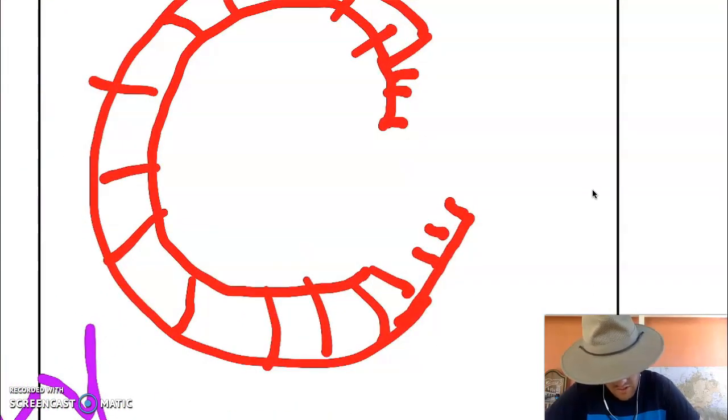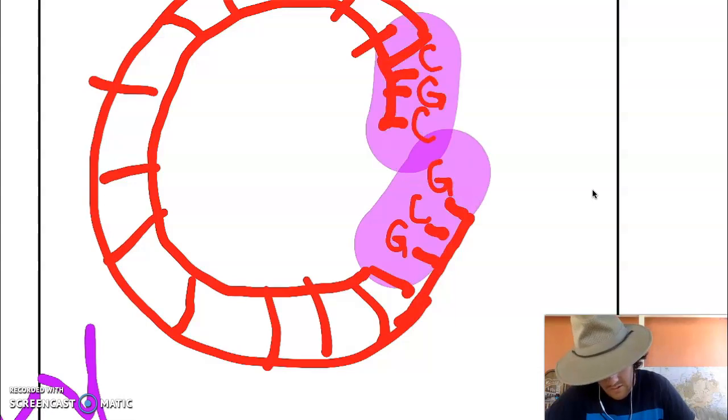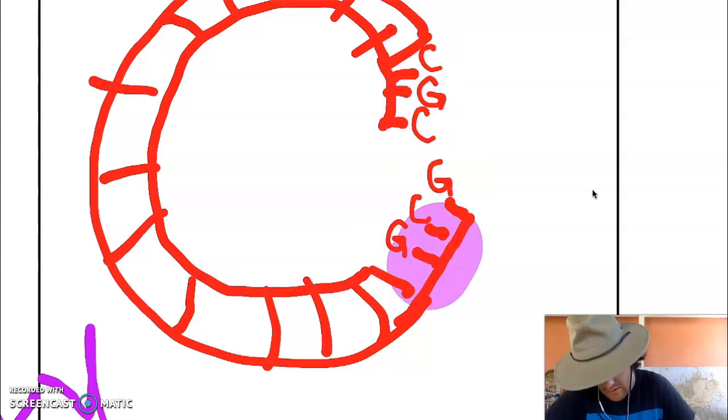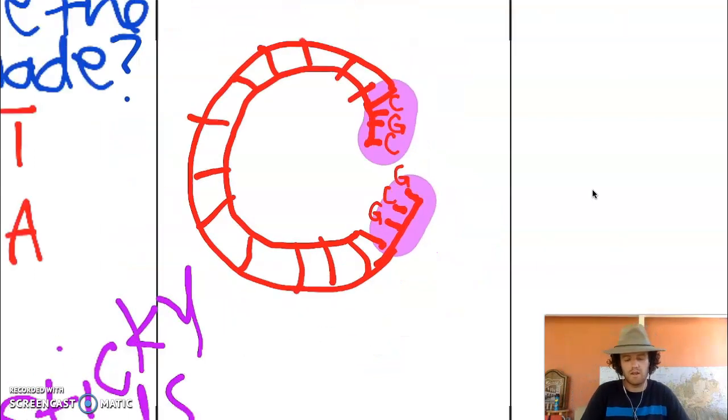On one side I have an exposed GCG, and on the other side I have an exposed CGC. And remember, those exposed ends are my sticky ends. So I have 2 sets of sticky ends right there.